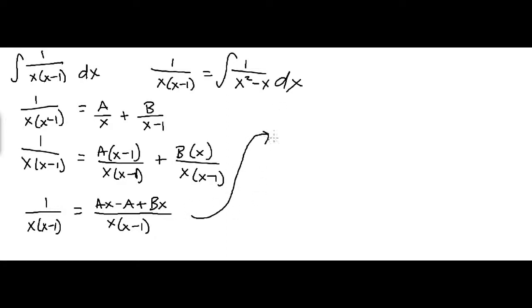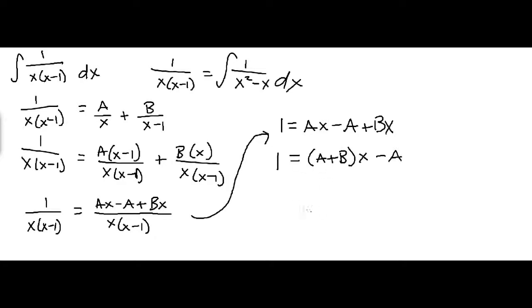So what we're going to do from there is go up here. The numerators tell us that 1 equals ax minus a plus bx. I'm going to combine the ax and the bx, and factor out the common factor, which is x. So I'm going to get (a plus b)x minus a equals 1.